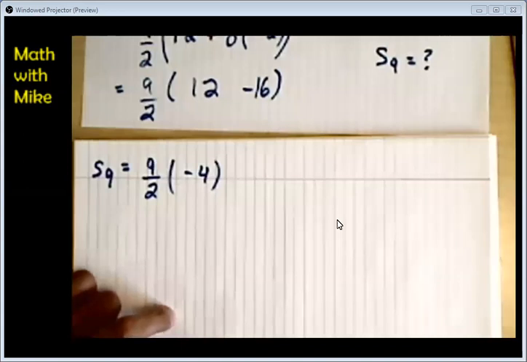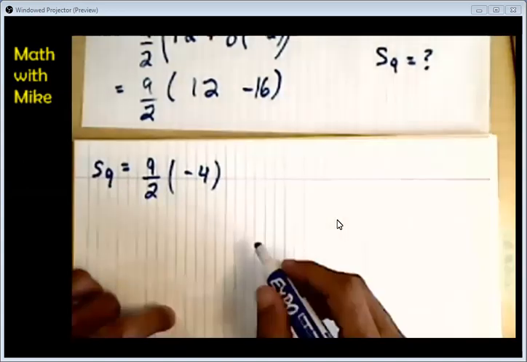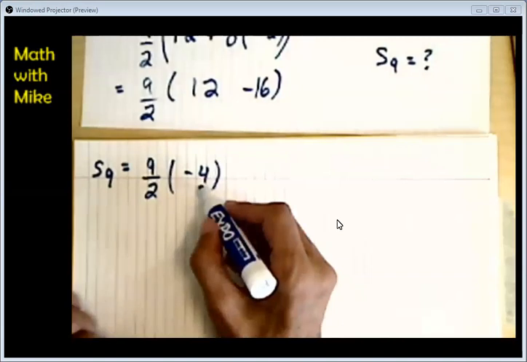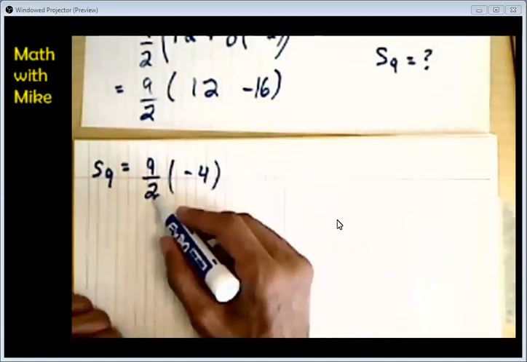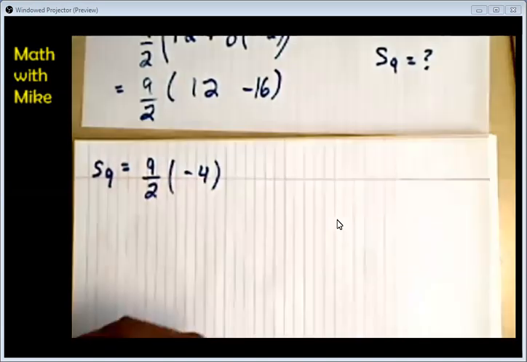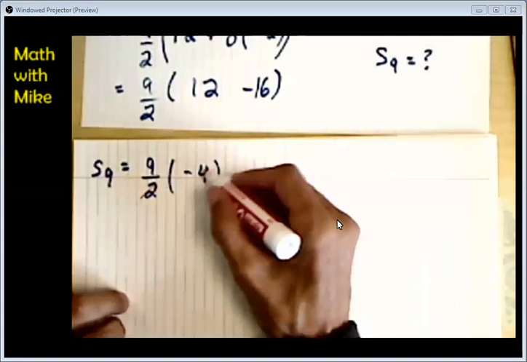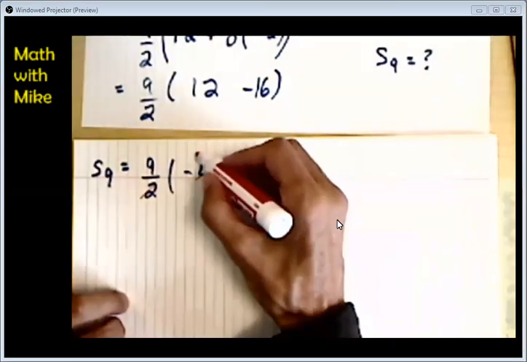You could do it that way, so I'll show you 2 different ways. This 4 is on the top, that 2 is on the bottom. They can divide by 2, right? So what's 4 divided by 2 equal to? 2. So this turns into a minus 2 now.